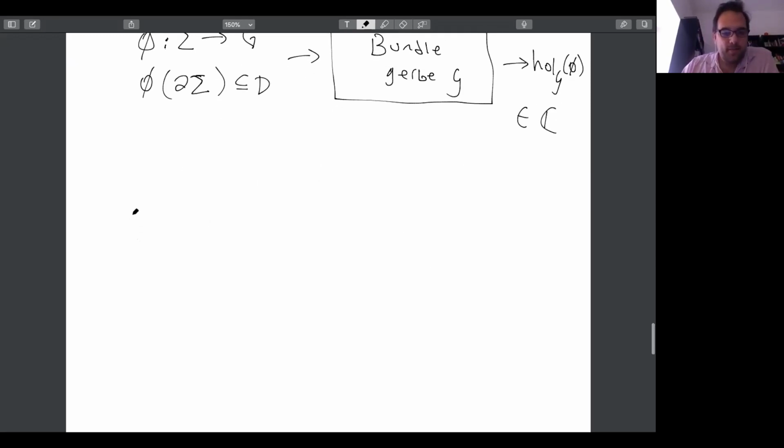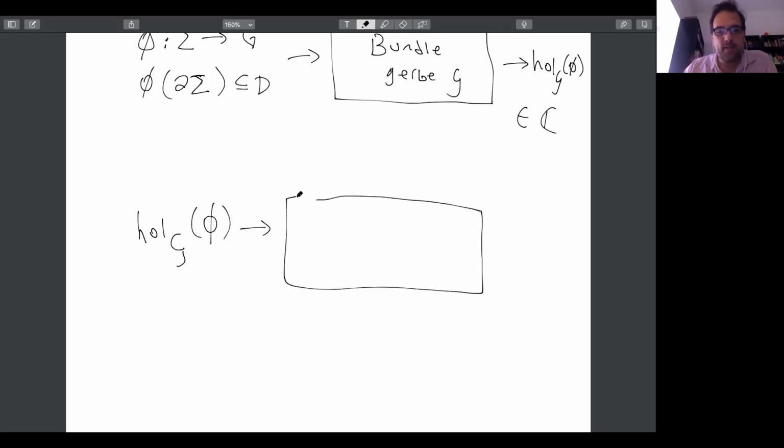And then you can take these complex numbers and insert them into a black box that I don't understand, a black box from physics called the path integral.